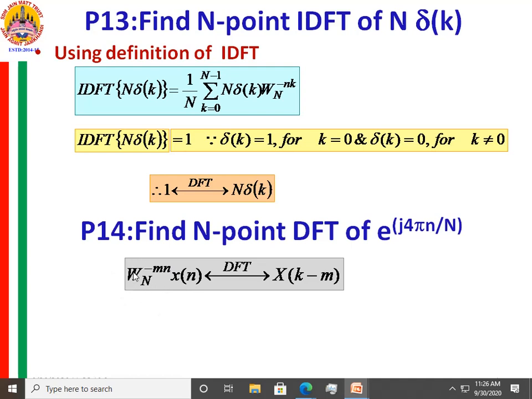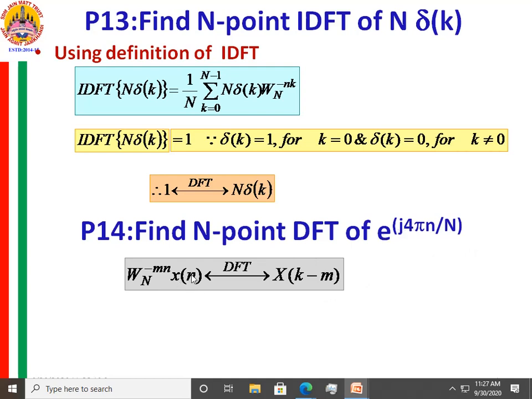W is e raised to minus j2 pi by capital N, and when this minus and that minus get multiplied, you get W raised to minus mn as e raised to j2 pi mn by capital N. Now when I compare e raised to j2 pi mn by capital N into x of n with this, I get that x of n is equal to 1 and here m is equal to 2.